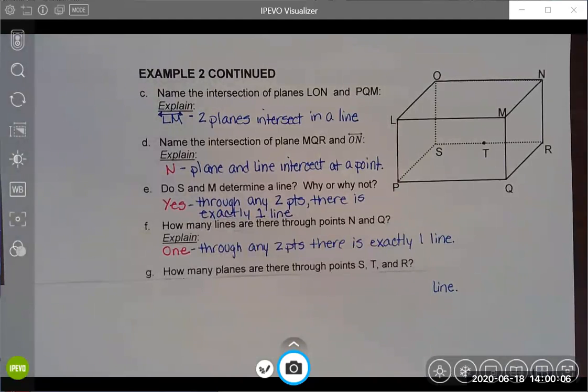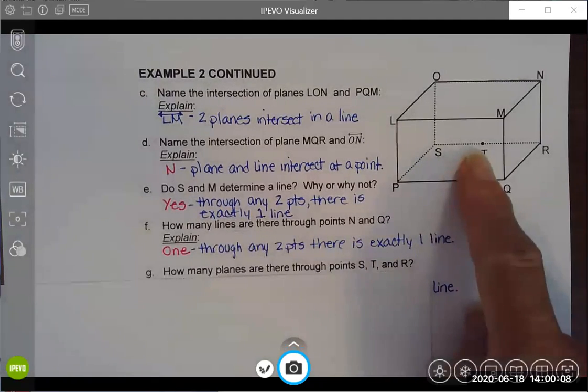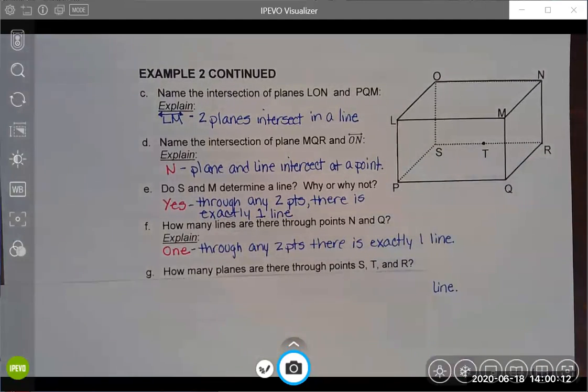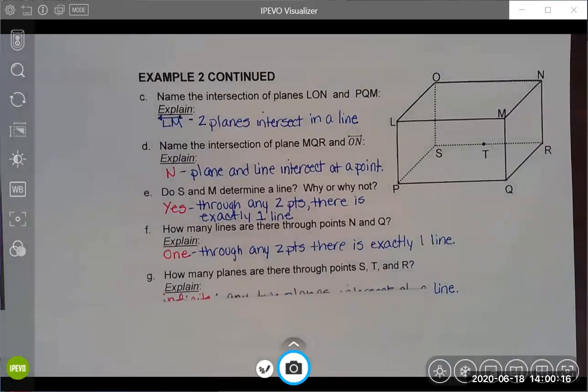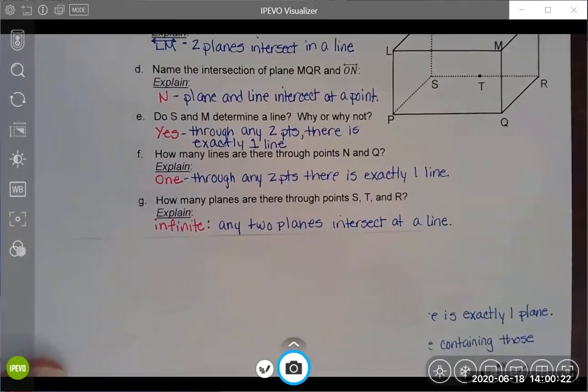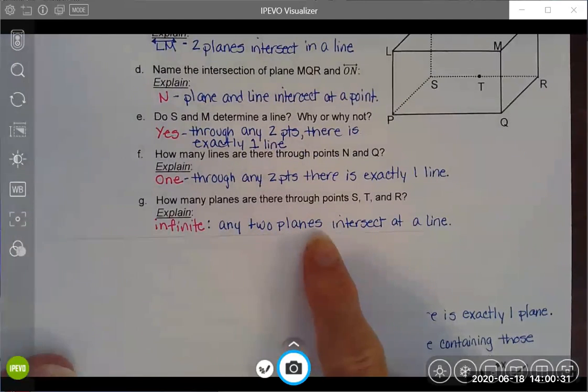How many planes are there through points S, T, and R? And you'll notice S, T, and R are collinear. They're all on the same line. And the answer to this one is kind of weird. The answer is infinite. There are an infinite number of planes that go through the points S, T, and R. A real world example of this, although you'll have to stretch because we know lines have no dimension, is a spiral notebook.